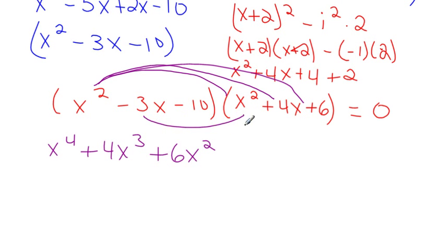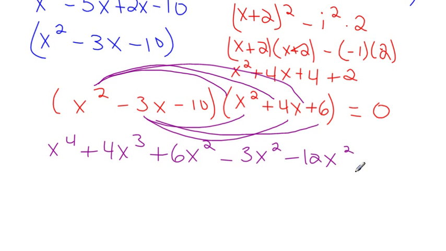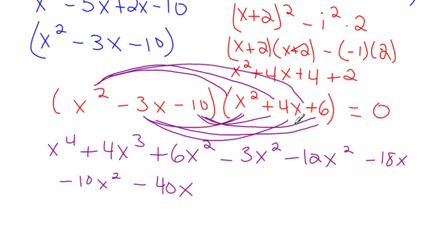Then we do our next, minus 3x to the third. Then we have minus 12x squared. Then the negative 3 times the 6, minus 18x. And I'm going to start a new line here, minus 10x squared, minus 40x, and lastly minus 60.